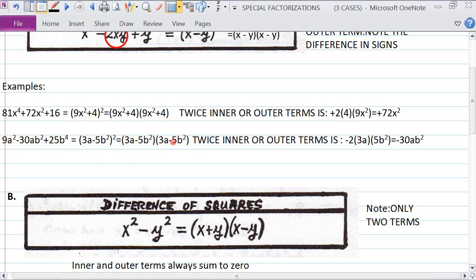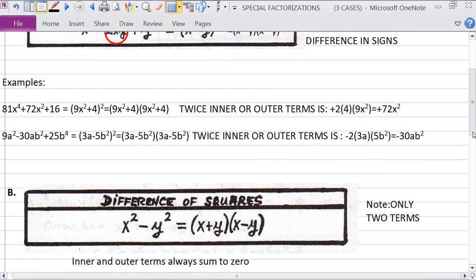Minus 5b squared times minus 5b squared gives me plus 25b to the 4th. The inner and outer terms are minus 15ab squared. If I multiply that by 2, I get minus 30ab squared. So you can combine the inner and the outer, or you can say twice the inner or outer terms, whichever you prefer. But always watch out for the signs here. Make sure you have the signs right.